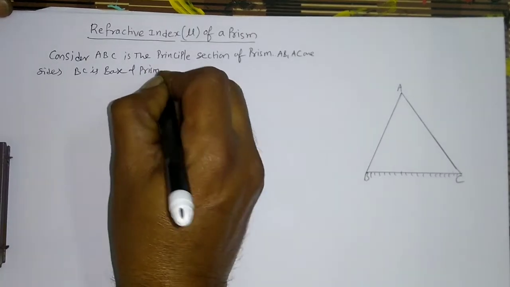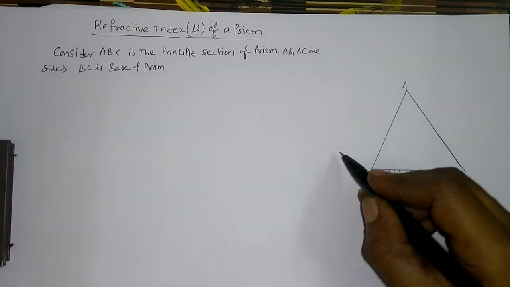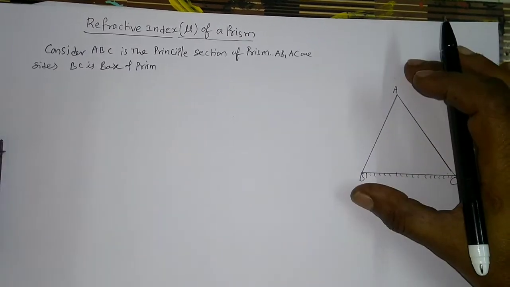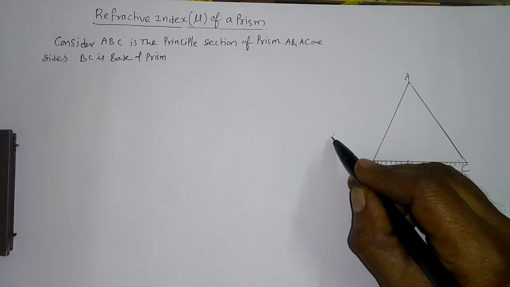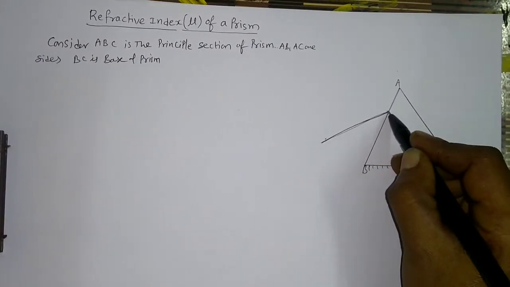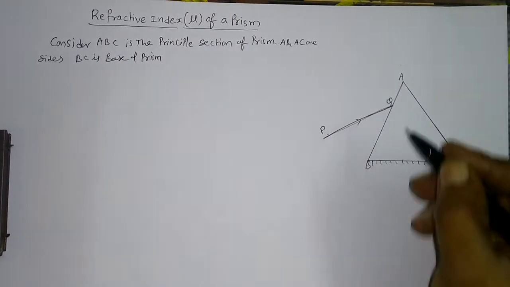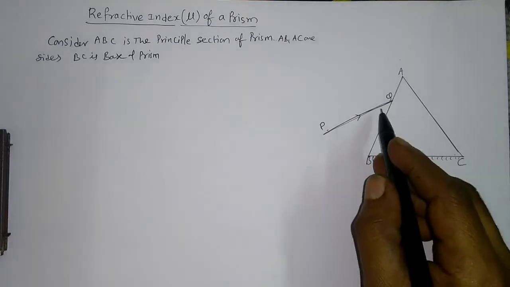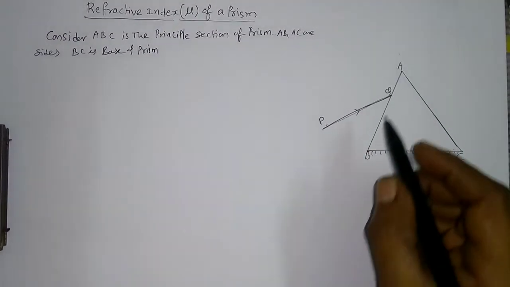Let us say a ray is incident on AB, just above the middle. Let us say like this. This is named the PQ ray. This is the incident ray. Whenever the incident ray falls on the side AB, what happens?